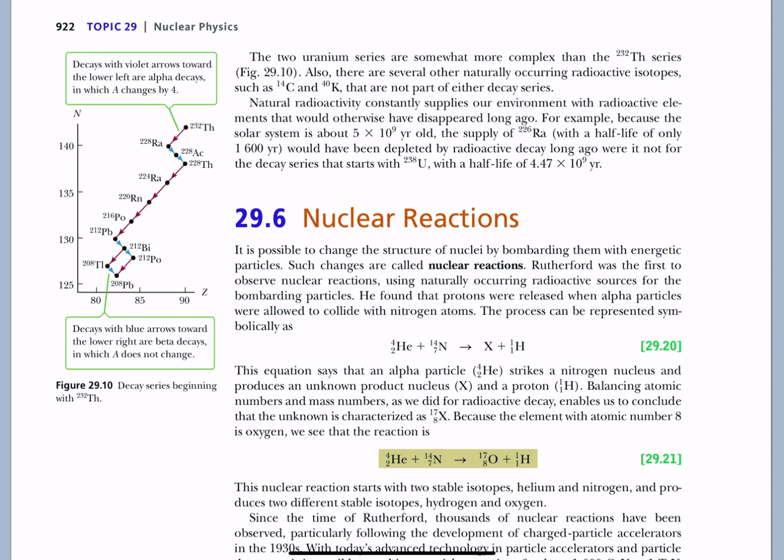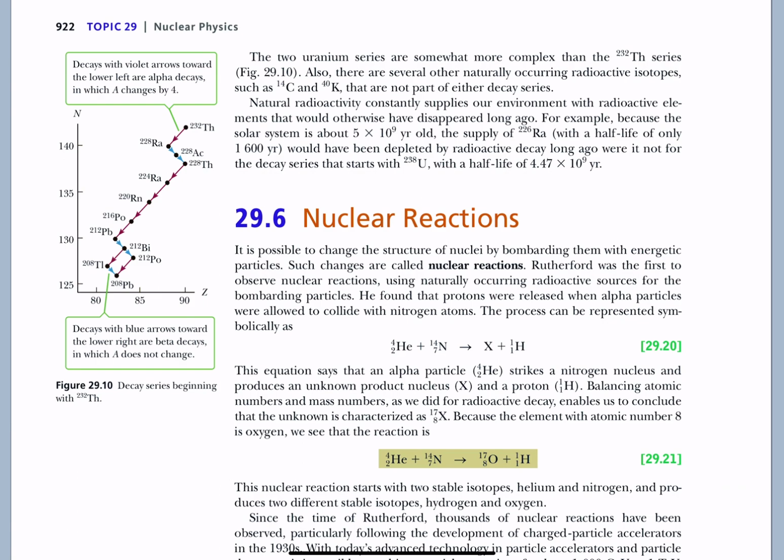Here is thorium-232. And if you follow along, you've got your neutron number on the y-axis, your proton number on the x-axis. If thorium does an alpha decay, it drops down 2 on the periodic table from element 90 to element 88, and from a mass number of 232 drops down 4 to 228, because helium has 4 nucleons.